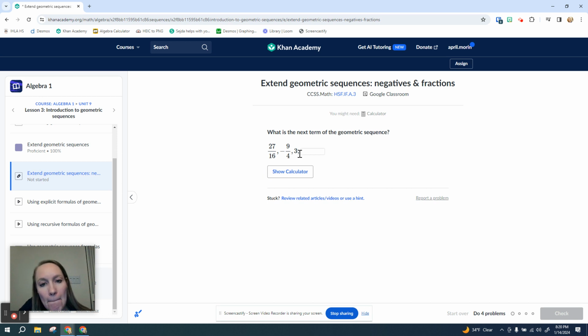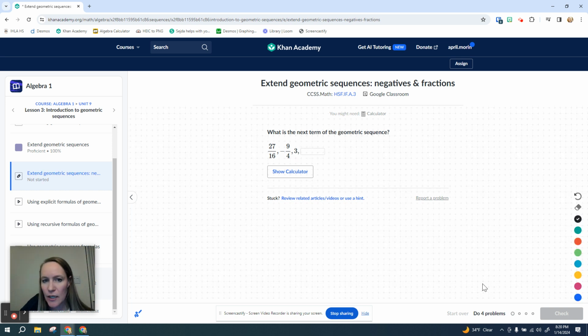But I can see a pattern here. 27 divided by 3 is 9, and 16 divided by 4 is 4. Okay, let's see, I need some workspace here. So let me just write that down.